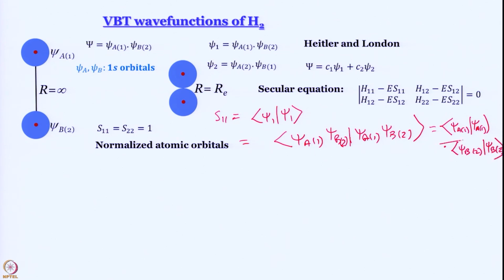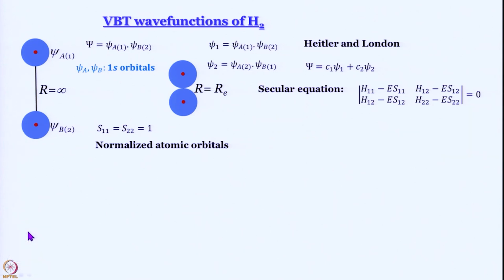And as these 1s orbitals themselves are normalized, this is equal to 1, this is also equal to 1. So, one thing is out of the way, S11 and S22 are both conveniently equal to 1.